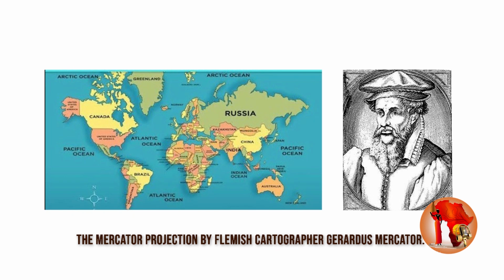The Mercator projection was produced in 1569 by a Flemish cartographer whose name was Gerardus Mercator. His aim in coming up with this map was to design a world map that sailors could use to navigate the high seas easily.